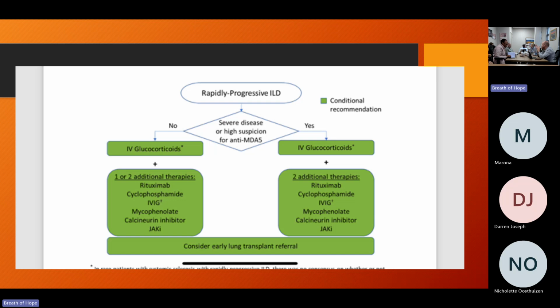So you can't use it as a fixed rule; if your panel is negative, go and look for other things. And don't forget that other autoimmune diseases can cause myositis. So if your panel is negative, you could still have scleroderma, mixed connective tissue disease, lupus, even undifferentiated disease. So yes, it's still possible.